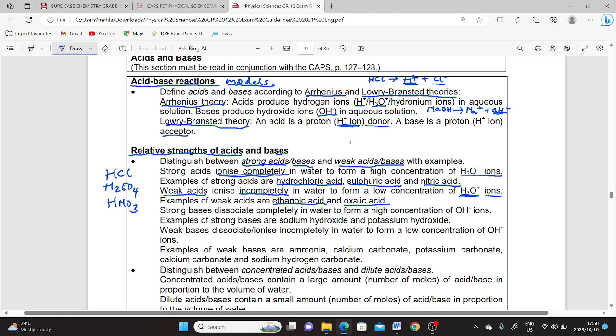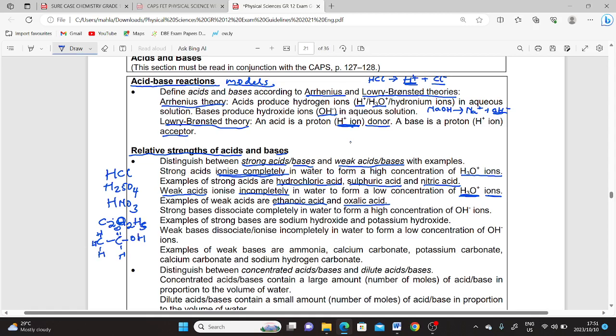The ethanoic acid is C2H4O2. How many hydrogens must we have? 1, 2, 3, 4, 5, so it must be H... let me count again: 1, 2, 3, 4, so the formula is C2H4O2.